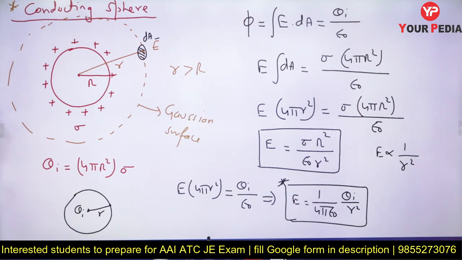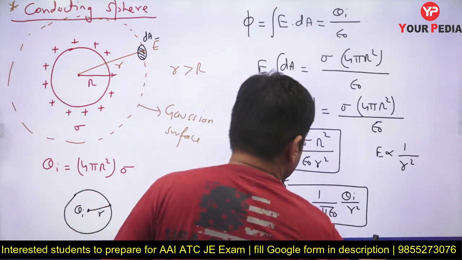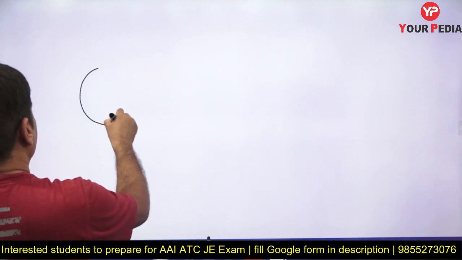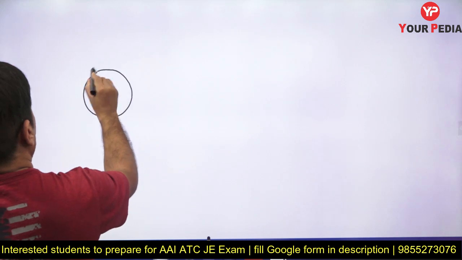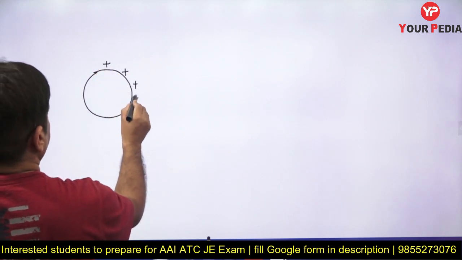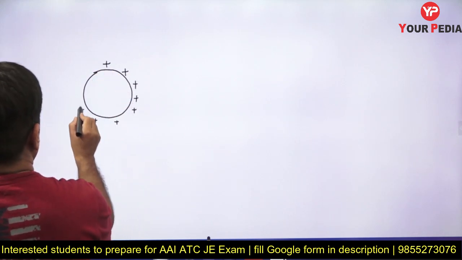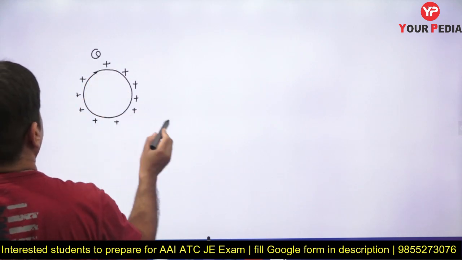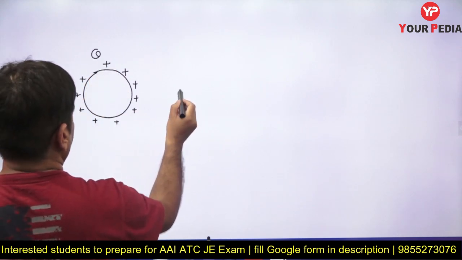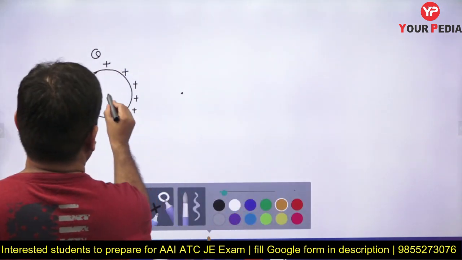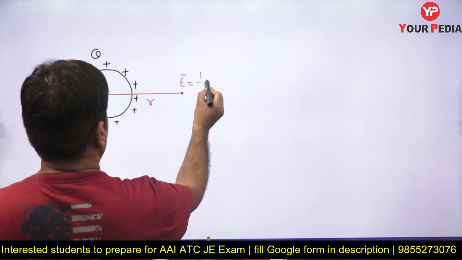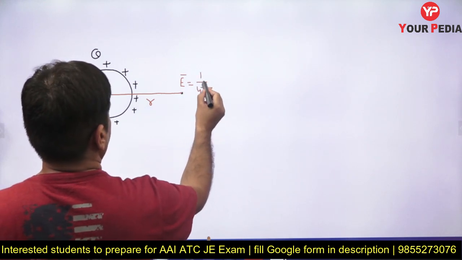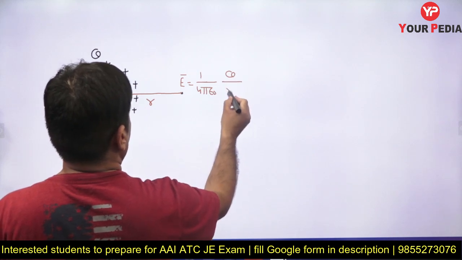So that is the expression for this particular thing, right? That simply means if I give you a spherically charged body on which the total charge is Q, and I want you to tell me the electric field at distance r, we will say 1/4πε0 Q over r square.